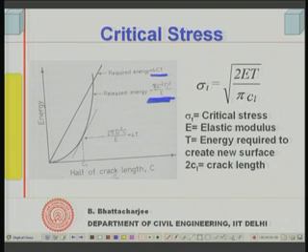Now, the rate of strain energy supplied must equal the rate of energy required to create new surface.